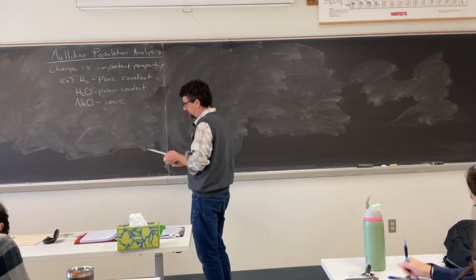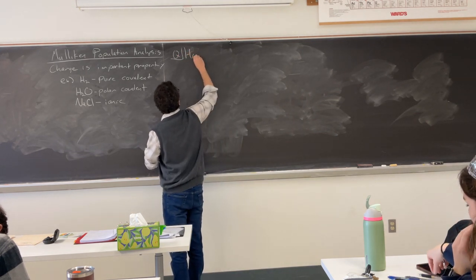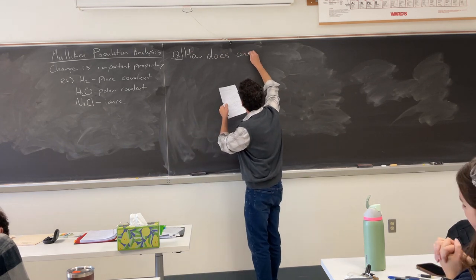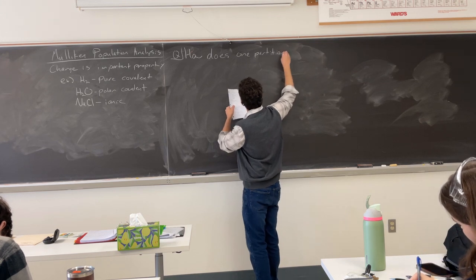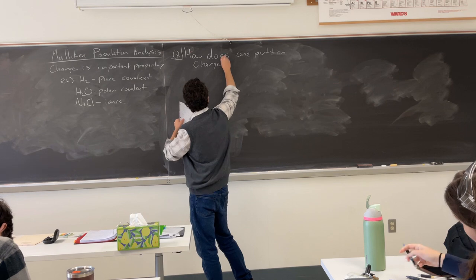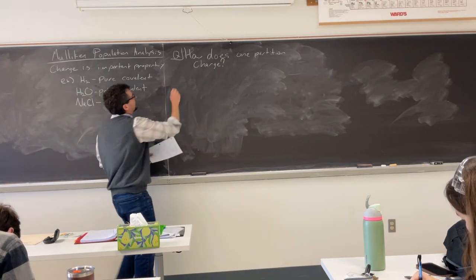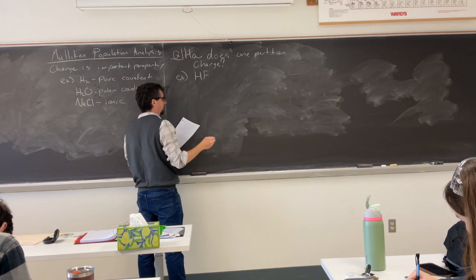There. So now, let's ask the question, how does one partition charge? So like, let's look at the electron density of HF.